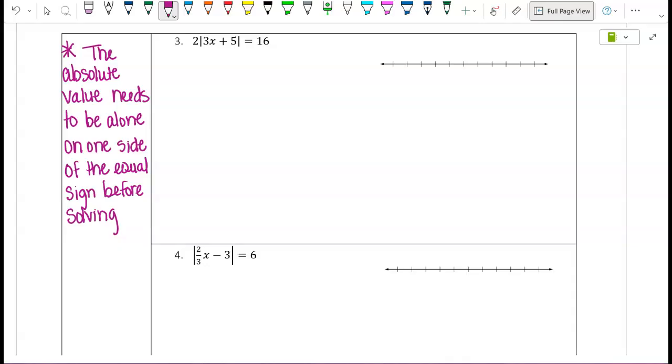What is the inverse of multiply? Divide. So on number 3 here, I need to start by dividing both sides by 2. So now I have the absolute value of 3x plus 5 equals 8.